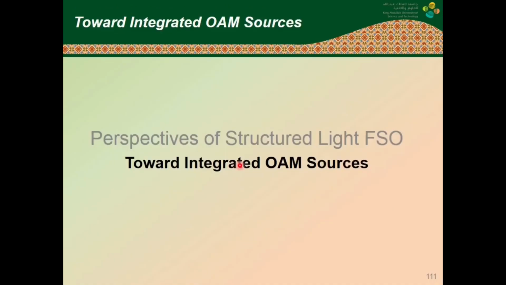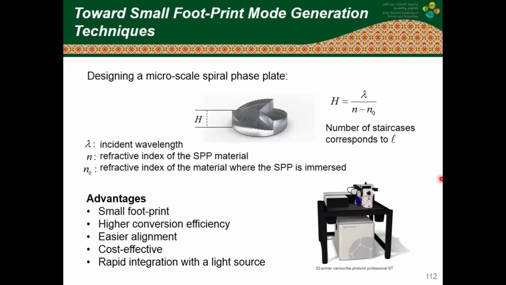Recently, we have started to work on the design of small footprint generation techniques to make structured light FSO a reality outside of laboratory test benches. The idea was to design microscale spiral phase plates that are printed using a 3D Nanoscribe printing machine that we have here at KAUST.